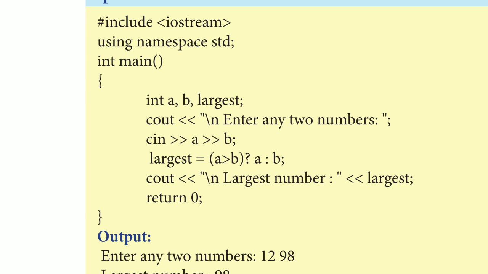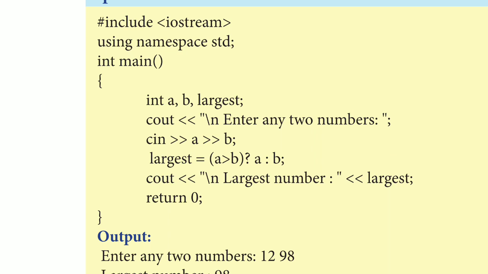In that you open a new block and provide largest is equal to b. So you will have a code of at least 5 to 10 instructions, but this alternative way of using the conditional operator reduces the size of the program.